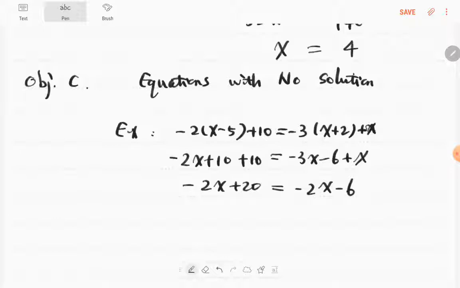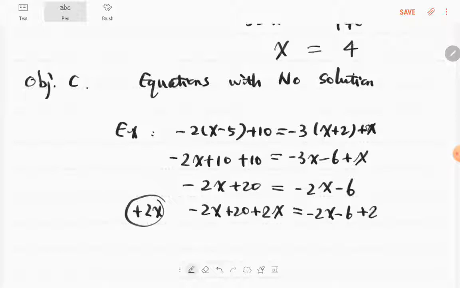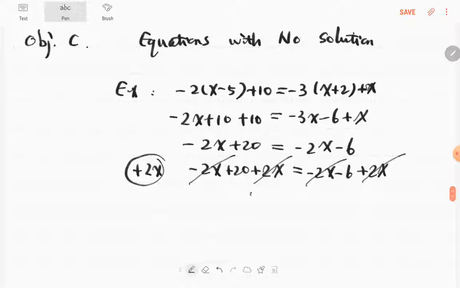So there's something wrong, right? If you add 2x to both sides, you will definitely cancel out all the x terms. You will get this one.